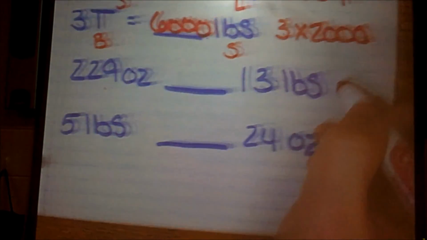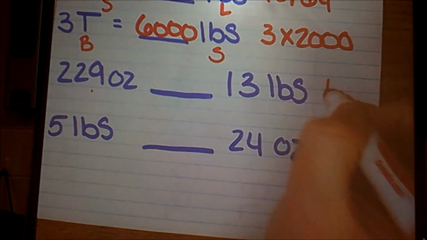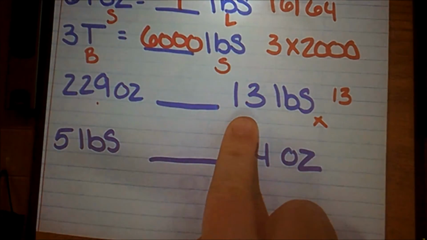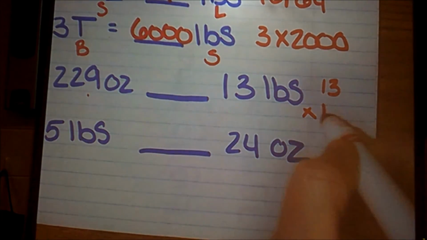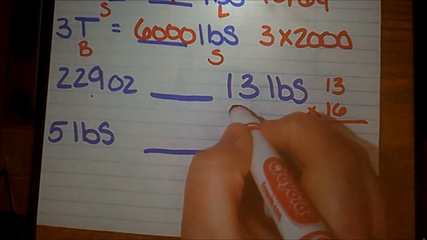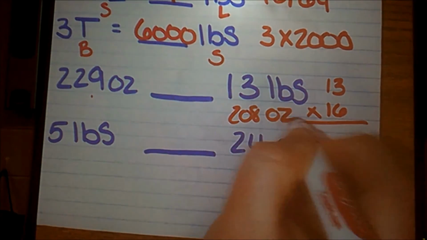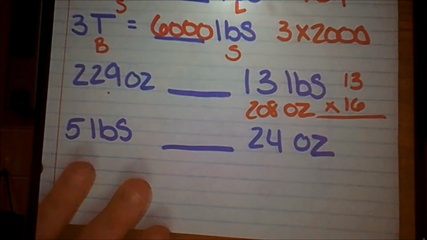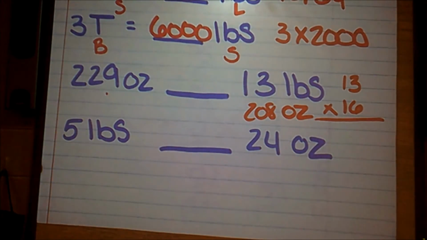So I'm going to multiply 13 pounds times how many ounces are in a pound, which is 16. And when I multiply that out, I get a product of 208 ounces. So now I'm not comparing ounces and pounds, now I'm comparing ounces and ounces.